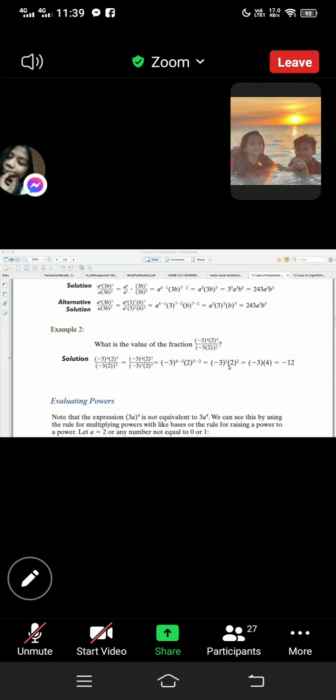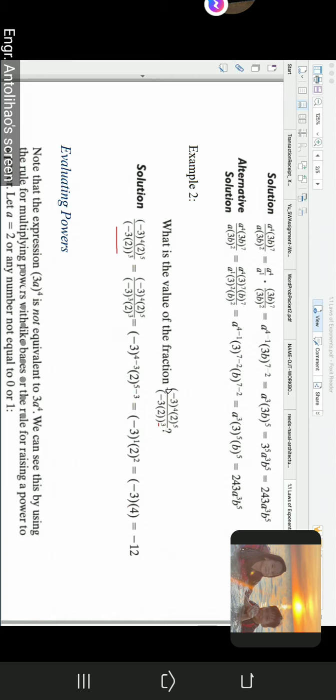So here, this is the given, right? Then we just copy this one since it is already raised individually. But the denominator is still enclosed in parentheses. So we have to distribute this power to each of negative 3 and 2 in the denominator.